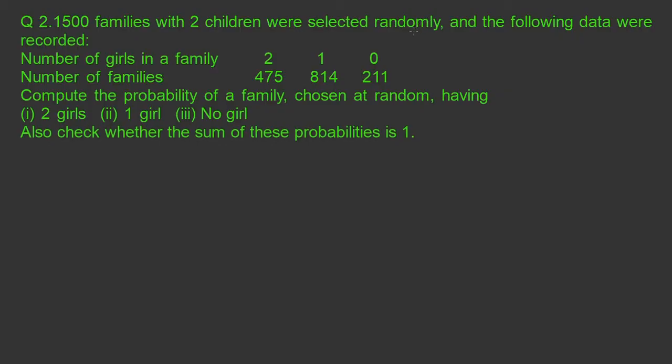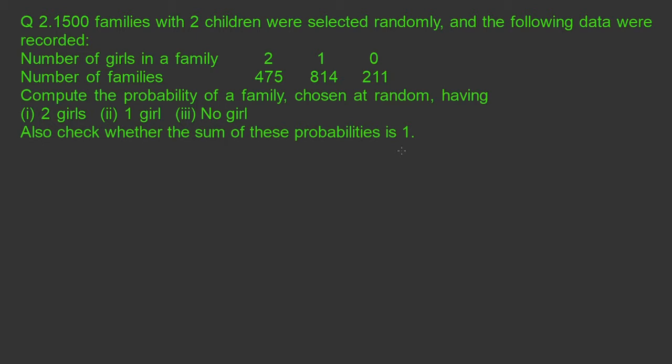In this video, we are going to solve 3 questions from Class 9 Mathematics, Chapter 15, Exercise 15.1. Question number 2 in the exercise: 1,500 families with 2 children were selected randomly and the following data were recorded.